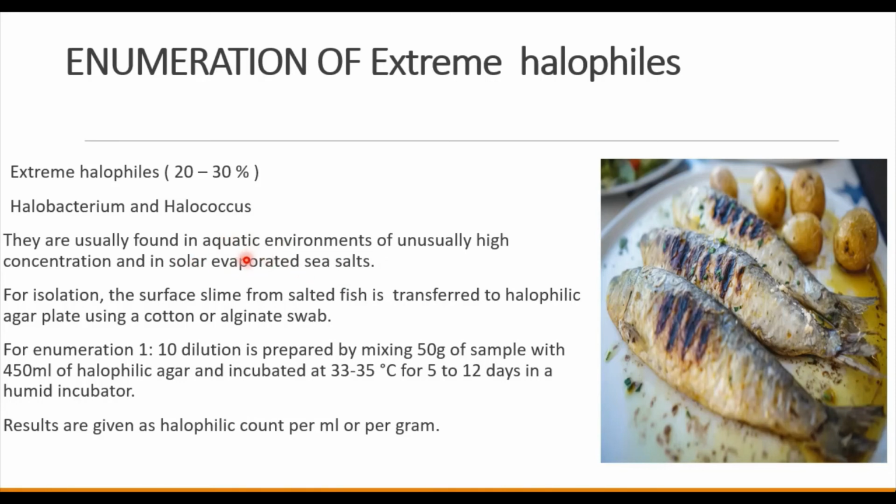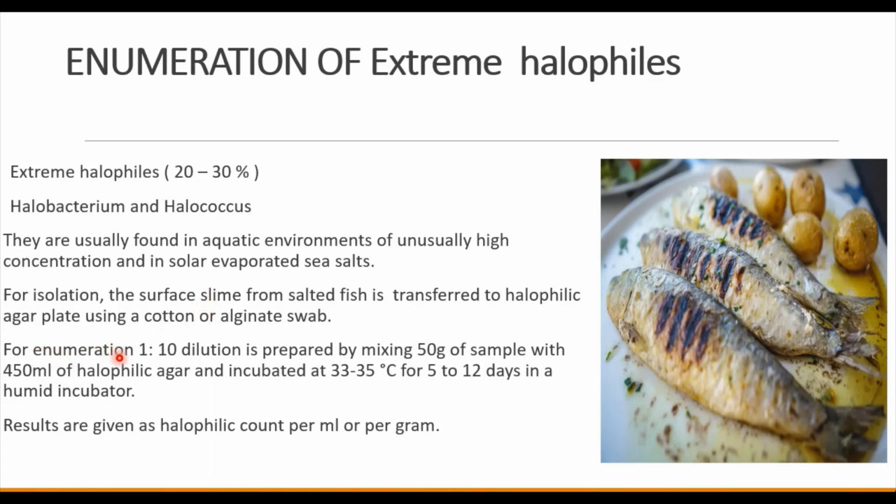So for isolation of these extreme halophiles, the surface slime from salted fish is transferred to a halophilic agar plate using a cotton or an alginate swab. That means you will take a swab or cotton and rub it on the surface, and that is going to be taken as a sample.